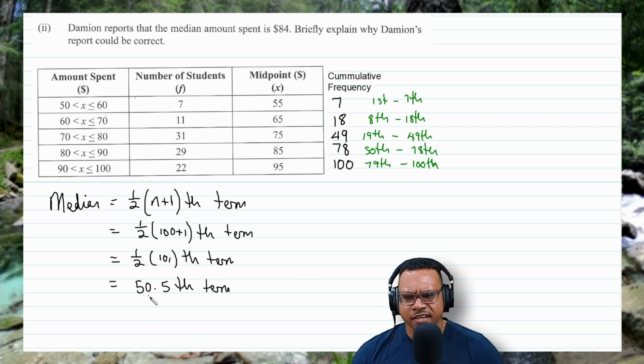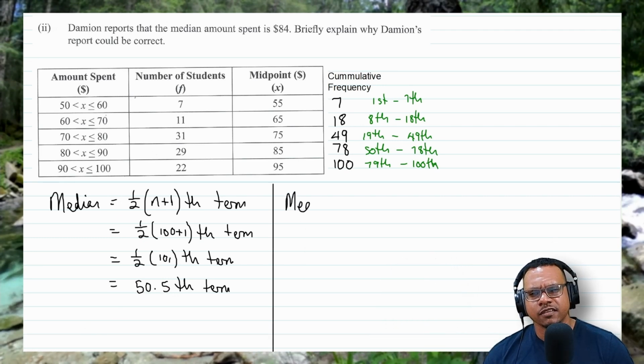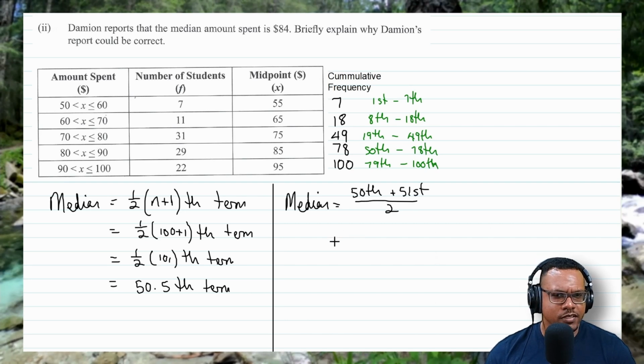And now because we get a decimal here, 50.5, we'll be taking the 50th term plus the 51st term and dividing by 2. So my median would be my 50th term plus my 51st term divided by 2.